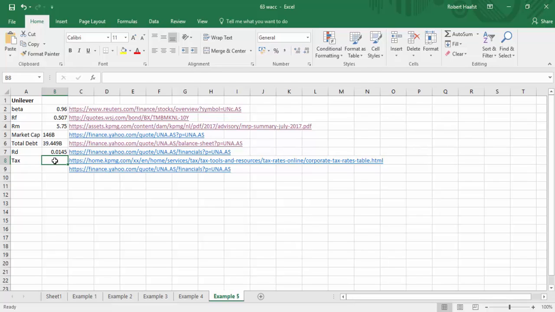For taxes, the corporate tax in the Netherlands is in brackets. For the first 200,000 of profit, it's 20%, and all the profits above 200,000 is 25%. We can see it here on this website of KPMG.